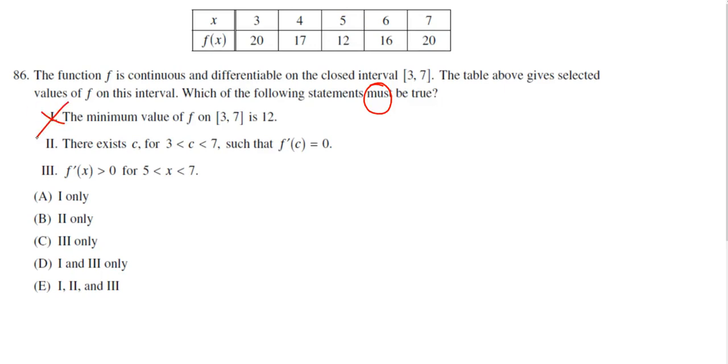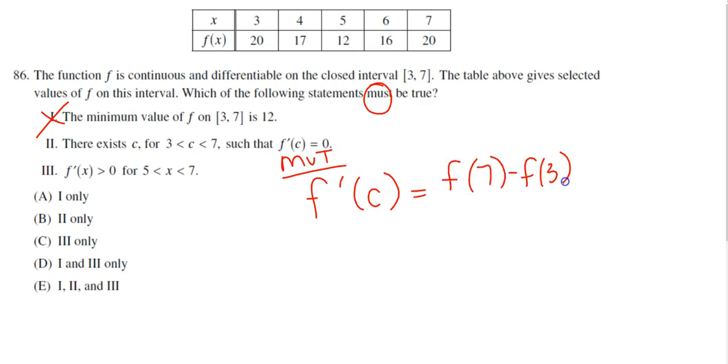Roman numeral 2, there exists a c for c between 3 and 7 such that f prime of c is 0. Well, let's try that. F prime, this is MVT, right? Let's write that, MVT. F prime of c will be f of b minus f of a over b minus a, and I'm allowed to use any values given between 3 and 7, but we'll start with that and test this.